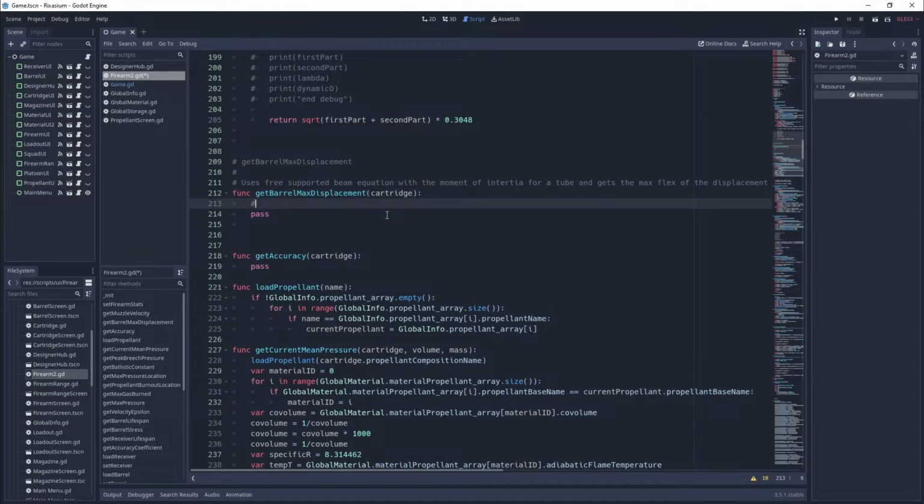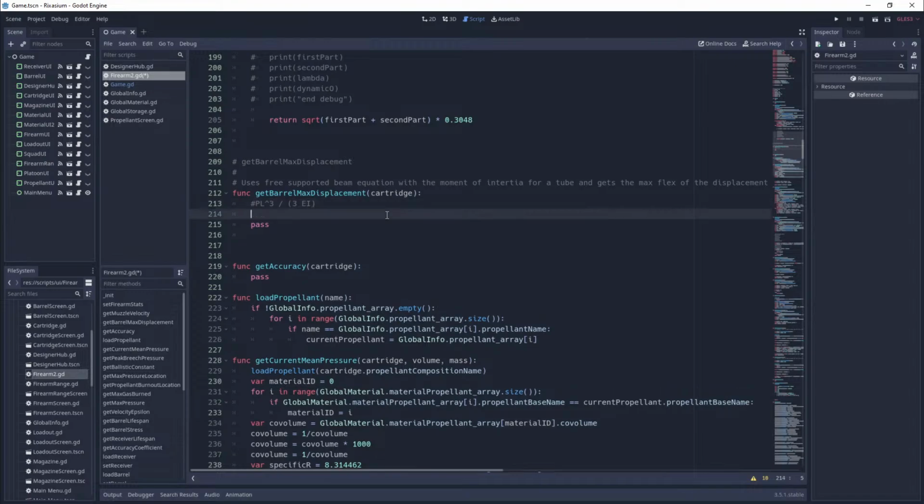Here we're just going to do PL cubed over 3EI, and then I equals pi over 4, and this is going to be r squared minus r inner squared, or tetrad, and no cubed, tesseracted.